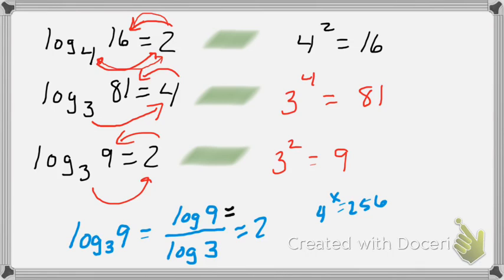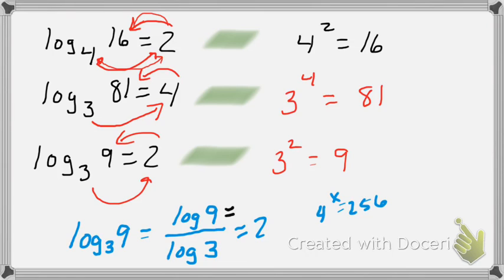Look at the 3 examples we did at the top of this screen. Now I want you to go backwards. I want you to take 4 to the x equals 256 and write it as a log. Can we do that? Look at where the numbers go.